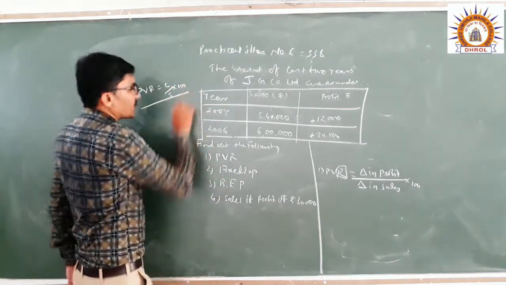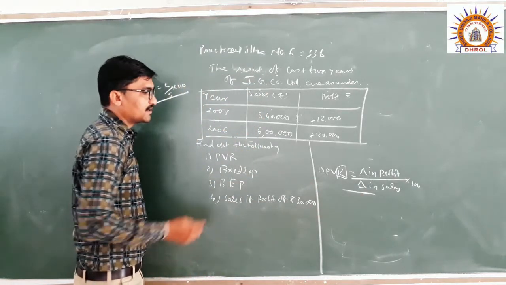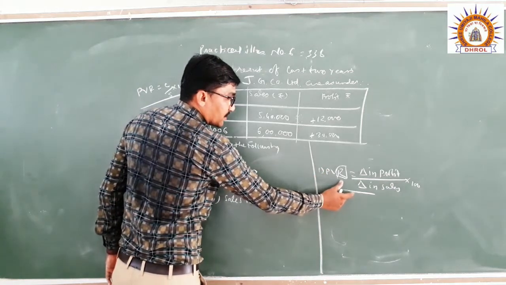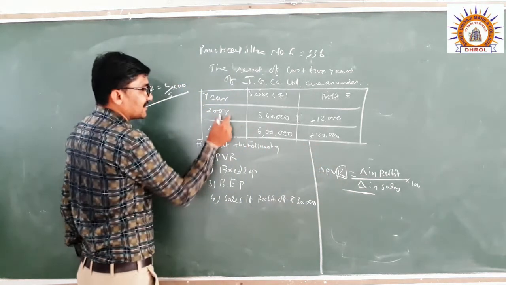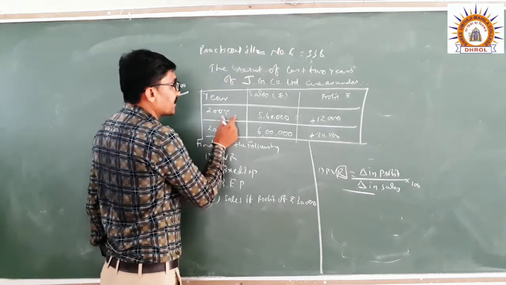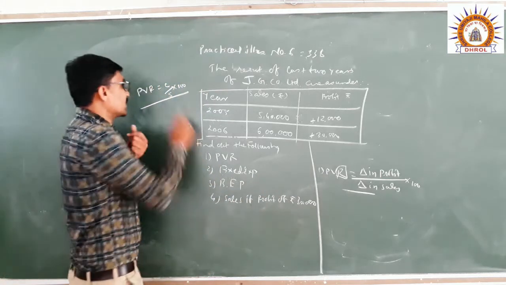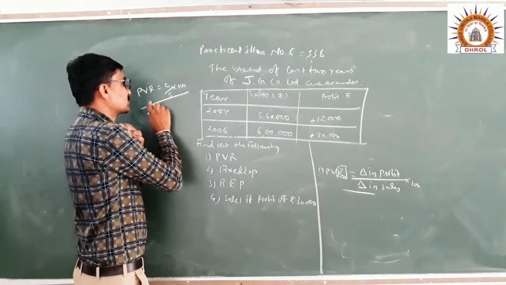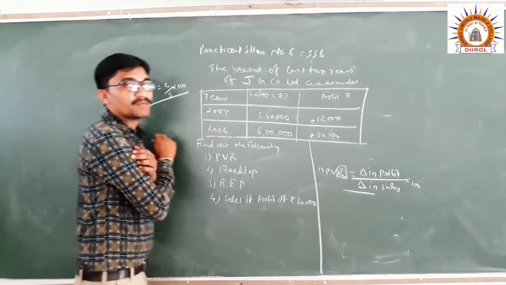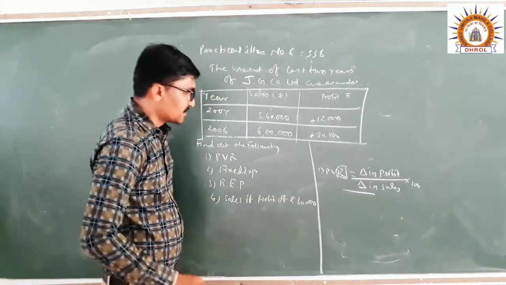This formula is different from the other one. Why is this formula applied here? Because the data is given for 2 years. In case of 2 years data, this formula is required to calculate the PVR. If only a single year's data is there and PVR is asked, then the other formula will be used. So be careful.